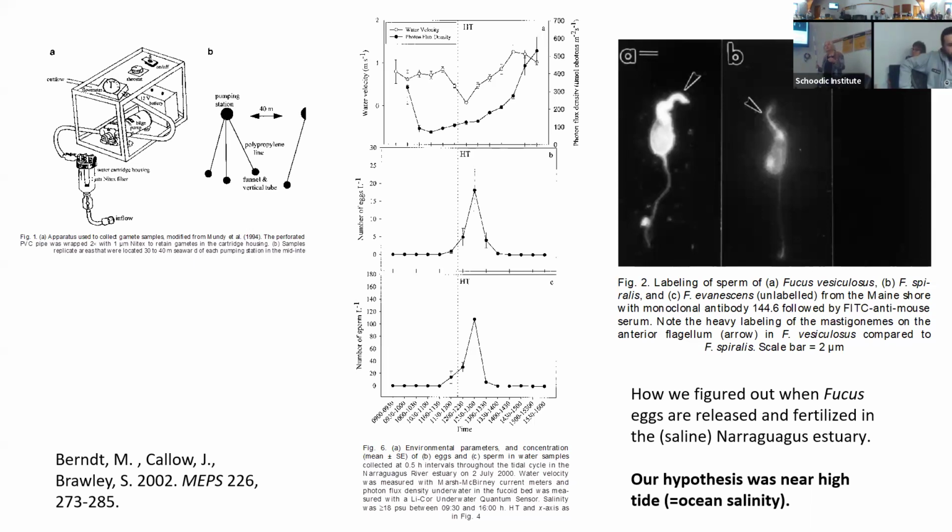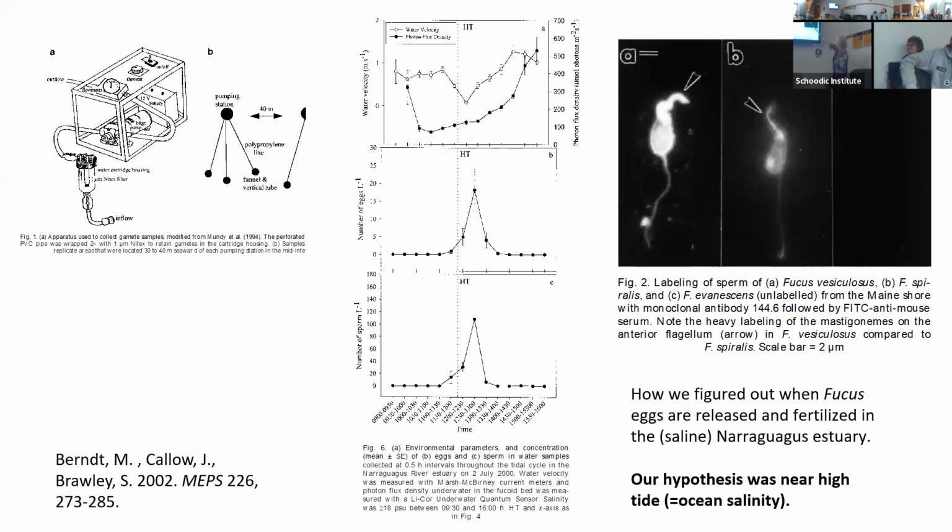Because Fucus sperm look a lot like a lot of phytoplankton, there'd be no way under a microscope to say, okay, this is a Fucus sperm. So this has a fluorescent dye attached to the monoclonal. And here's the trailing flagellum of the Fucus sperm in this area, which has lots of tiny hairs.